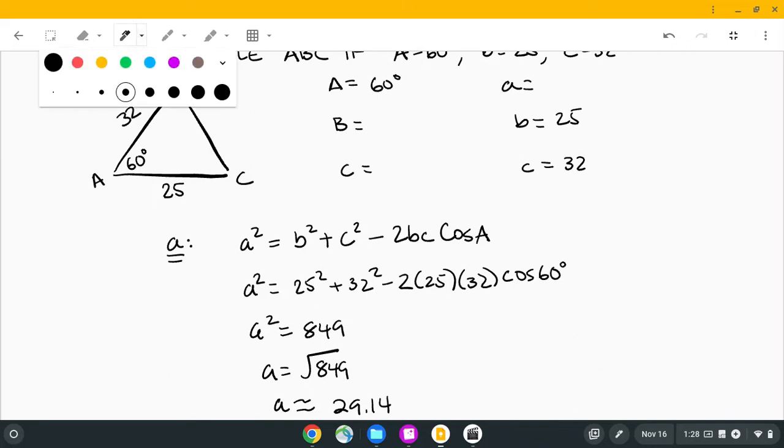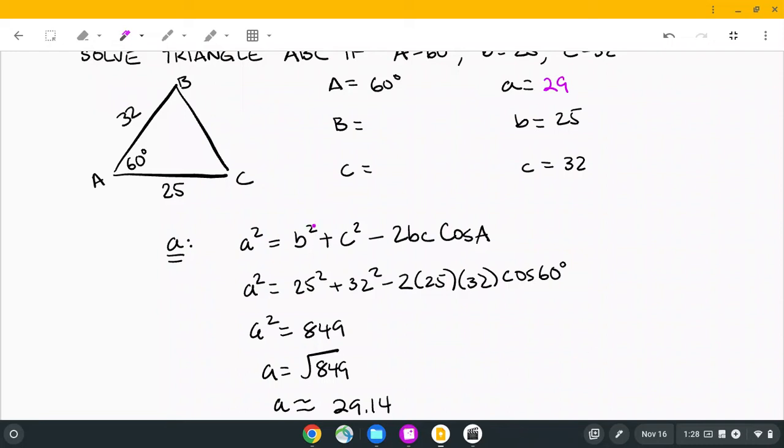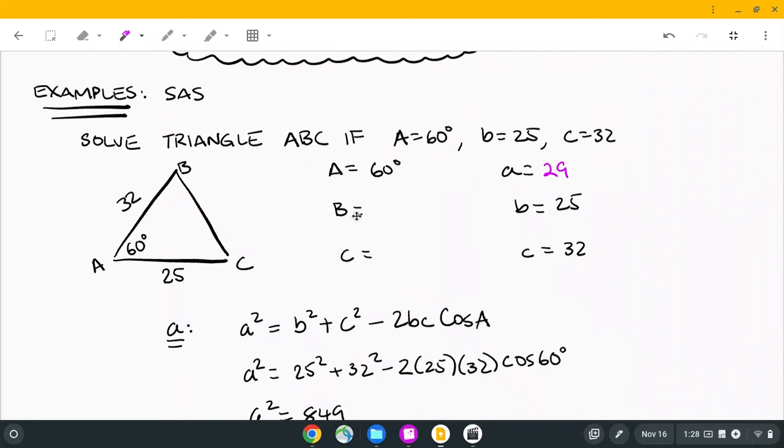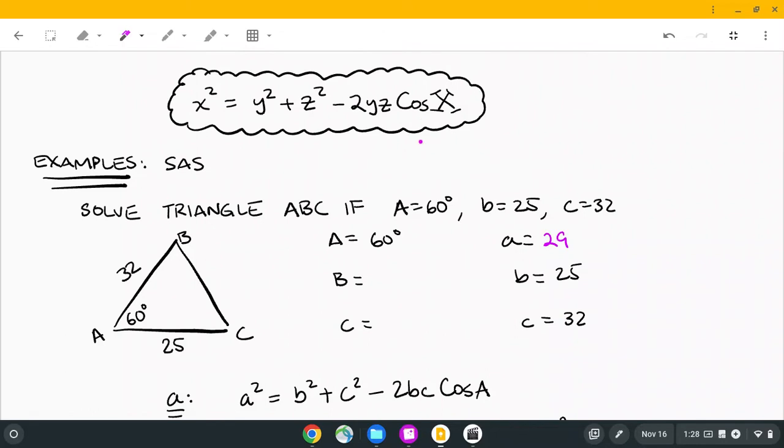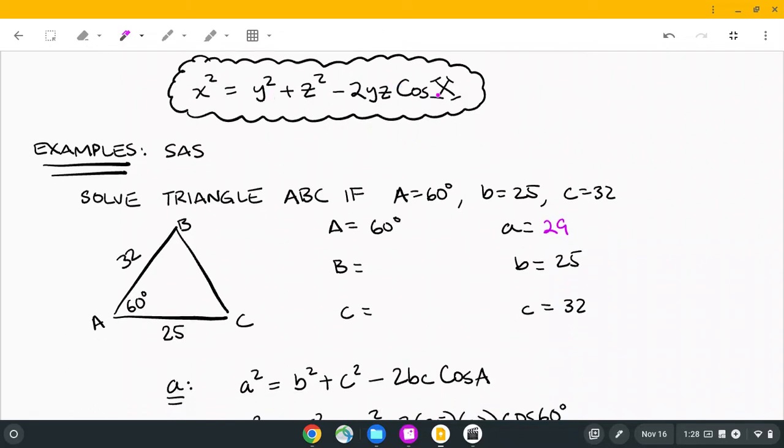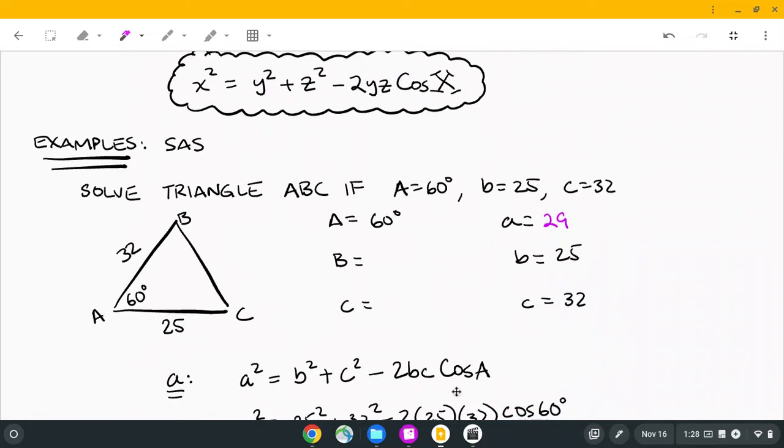So 29. Okay, so again, you take the formula. Let me go back up here. You take this formula and you just manipulate it so that it fits what you're trying to solve for.